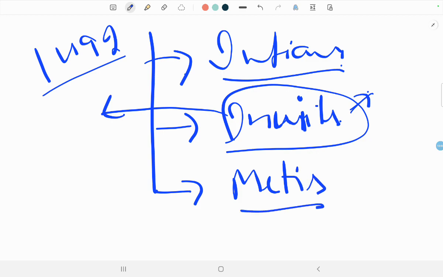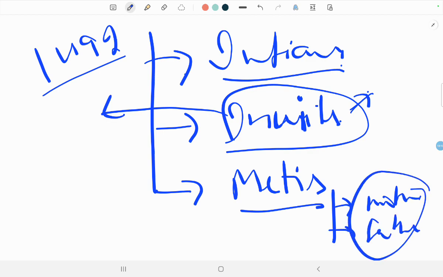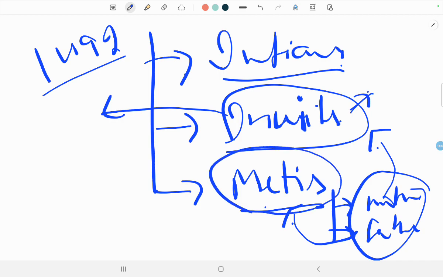Metis are people who have an Aboriginal mother but a French father, because we already know there was a French colony in Canada, and French people used to interact with the peoples, and started marrying Aboriginal ladies, and the sons or daughters they had we call Metis.